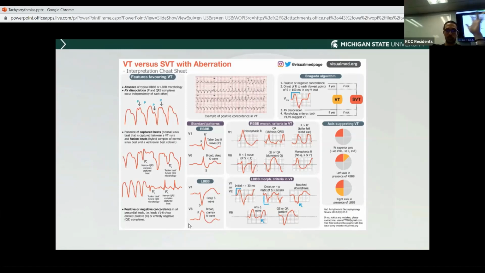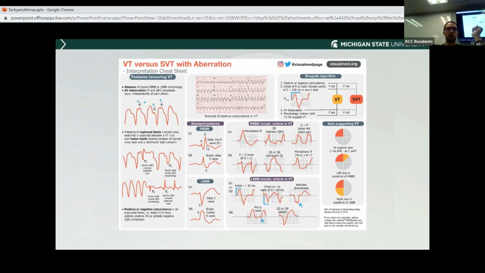Morphologic criteria is a very, very big topic. I will not go through it, but just generally talking, this is the standard-looking right bundle branch block. You have initiation of the R, then since there's a delay, you have the rest of the R following through.